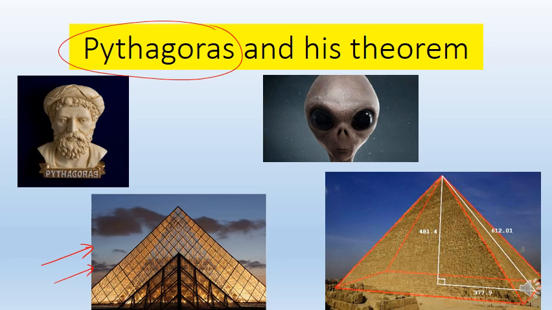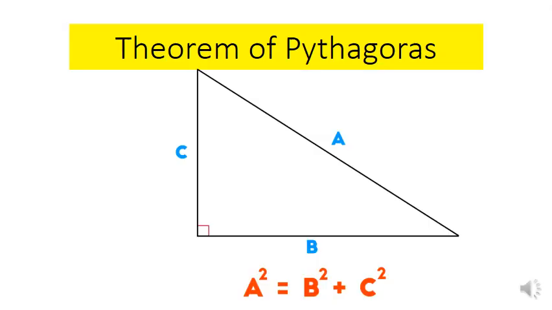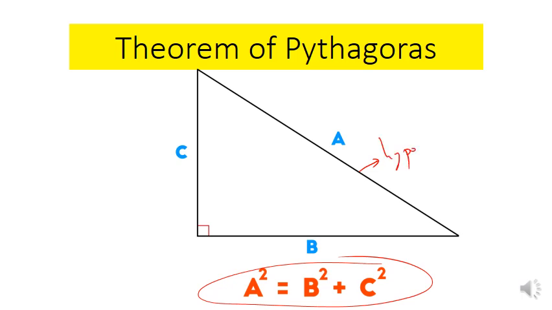So what is the Theorem of Pythagoras? It's very simple. It relates, in a right angle triangle, the measures of the sides, but not any measure of the sides, but the square of the sides. So this side, the longest side, is called the hypotenuse, not the hippopotamus.